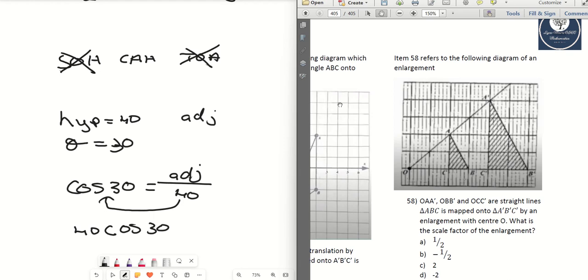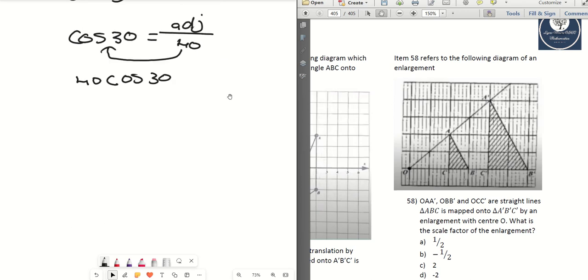Let's look at 58. OA image A, OB image B, OC image C are straight lines, right? ABC is mapped onto image ABC by an enlargement with center O. What is the scale factor? Scale factor is your image divided by your object, any length.